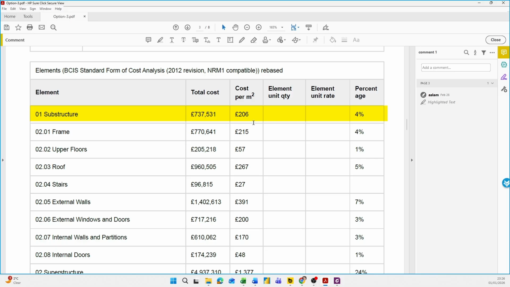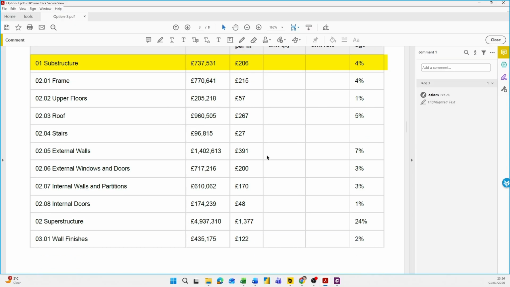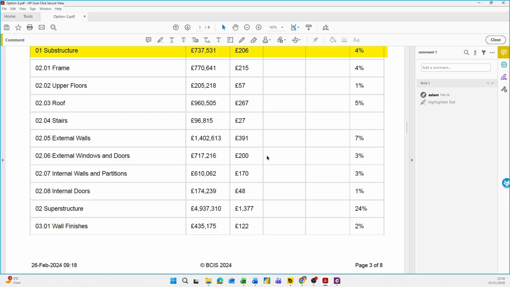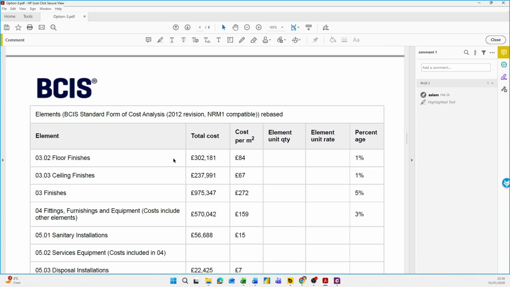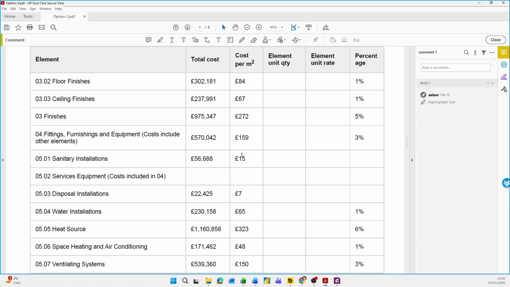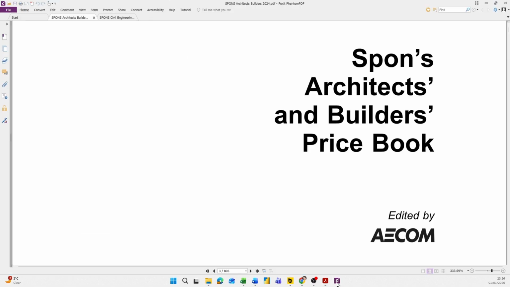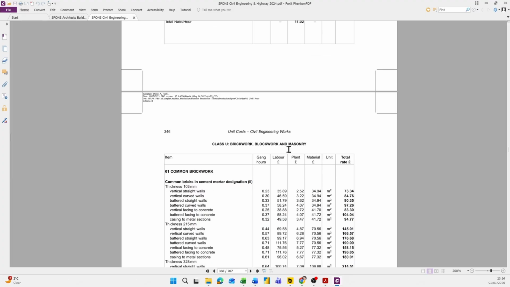Substructure per square meter 206, frame 215, upper floor 57. This is for the approximate estimate. They also provide detailed estimate price rates. And this is Spon's Architects' and Builders' Price Book by Acom. They also provide prices.